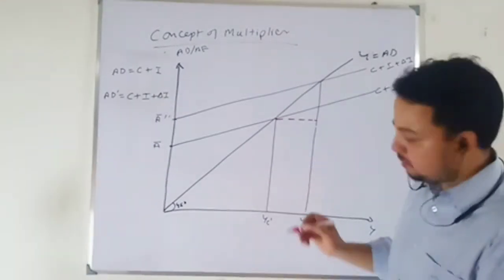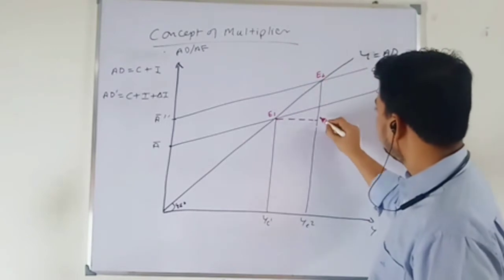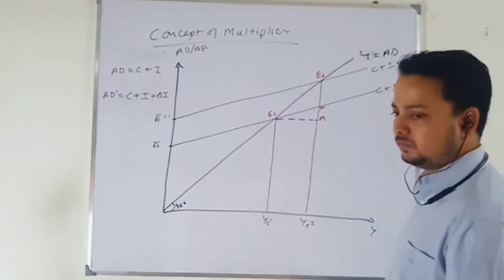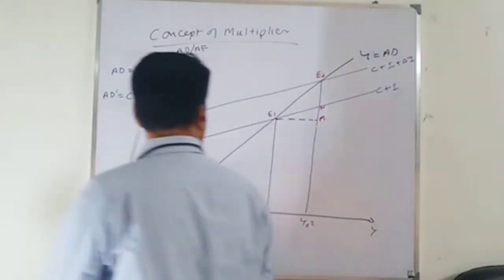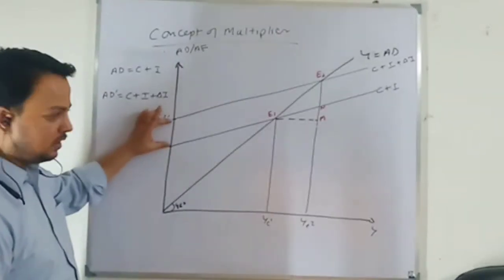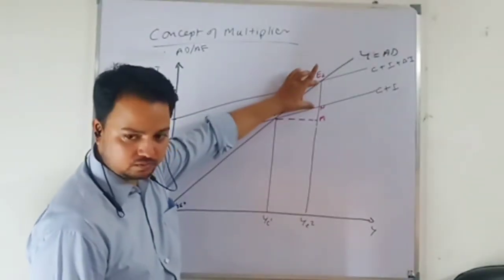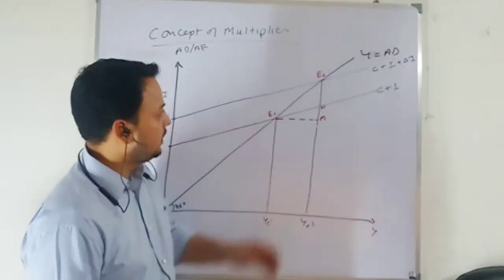Let me name this one E1, E2, M, N. By how much does my investment increase? 100, represented by this distance. So change in investment or increase in investment is E2 to N.